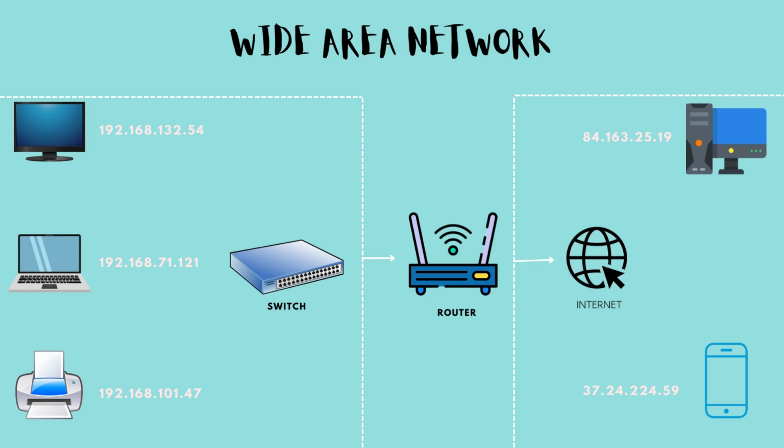A wide area network is a collection of local area networks or any other networks that interact with one another. When a router communicates with devices outside a local network, it tends to mask the internally allocated IP addresses. This process is called network address translation.